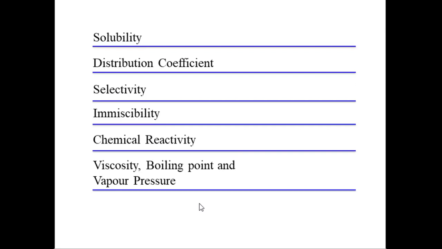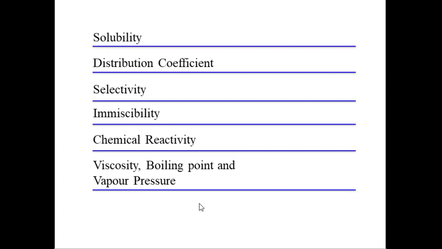And the second property is the distribution coefficient. So what is distribution coefficient? It is defined as the ratio of total concentration of solute in the organic phase to the total concentration of solute in the aqueous phase. So it gives you a measure of the difference in the solubility of the solute in the organic phase as well as the aqueous phase.